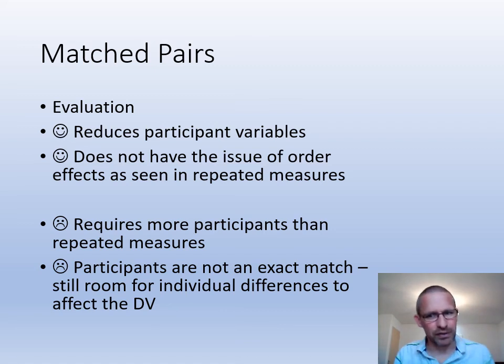Not that it is the case, of course, but there could be a student who's head and shoulders above everybody else, and they're number one on the list, and then comes number two. That's my pair that have been matched, and the most able student by far is still going to go into one condition. So that's a slightly extreme example, but still you get the idea. It's not an exact match, so there still is some risk. It doesn't get rid of any risk of these participant variables creeping in.